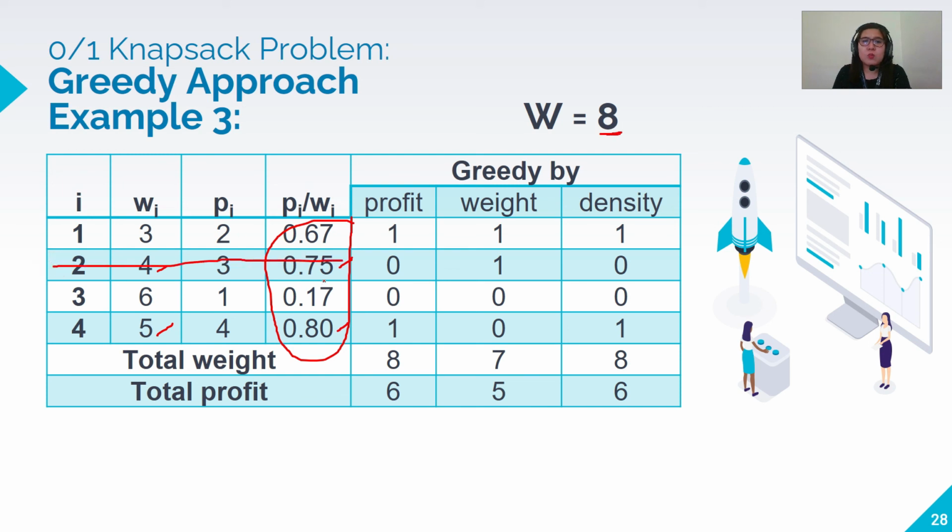Isunod natin yung susunod na mataas. We have 0.67. And the weight is 3. So, if we'll add 5, 3, and 5, we have 8. So, disregard na rin yung susunod. So, our answer here, we have 1, 0, 0, 1. Total weight, 8. We will add the items 1 and 4. So, total weight, 8, and total profit, 6.